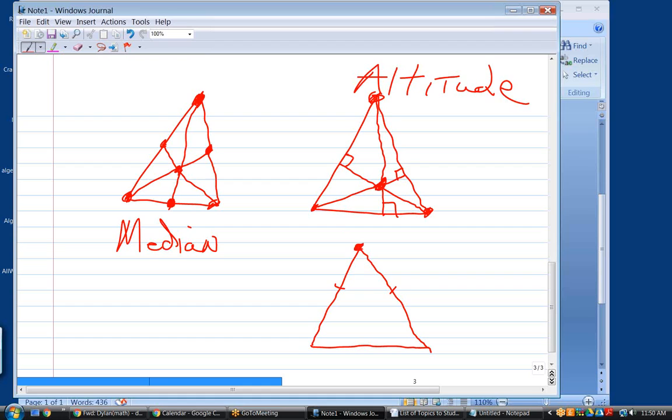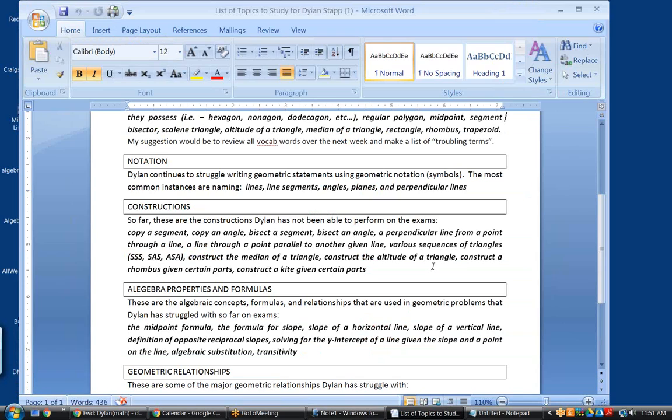If I go from the vertex and drop an altitude, it happens to go to the middle of the opposite side and make a right angle. So that is both a median and an altitude, and it turns out it's also an angle bisector. So that's one of the reasons isosceles triangles are special: the median is also an altitude, is also an angle bisector. Okay, cool.